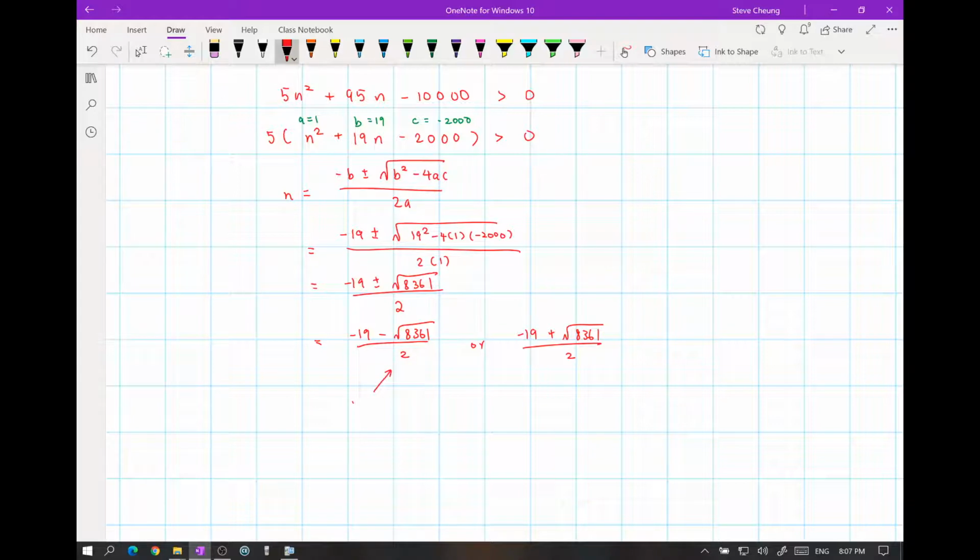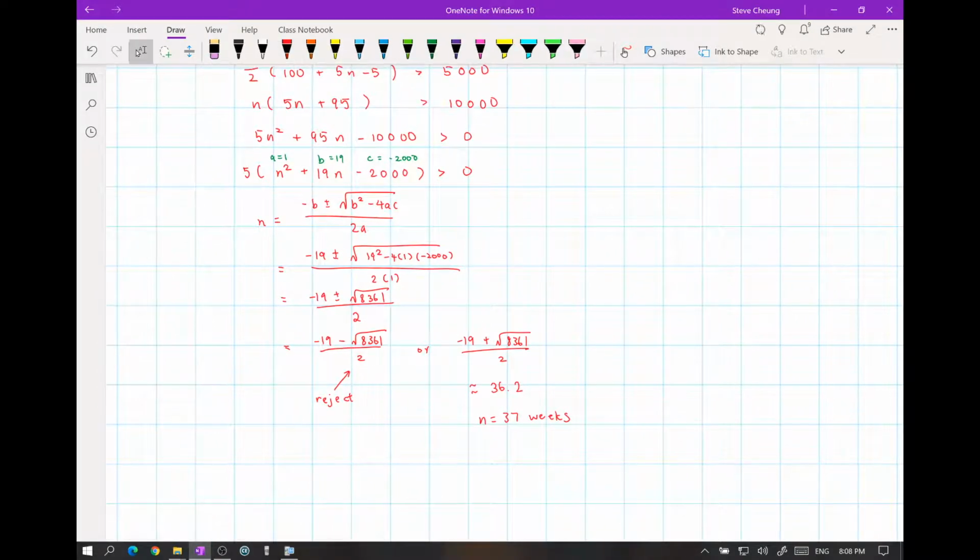So I know I'm going to reject this for sure, since I can't have the number of terms be a negative. So I would do the second possibility. This gives me approximately 36.2. So just like before, I'm going to round it up to 37. Okay, so 37 weeks.